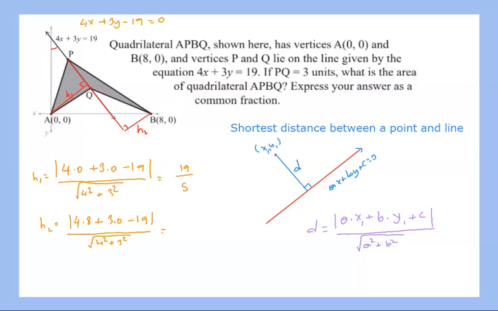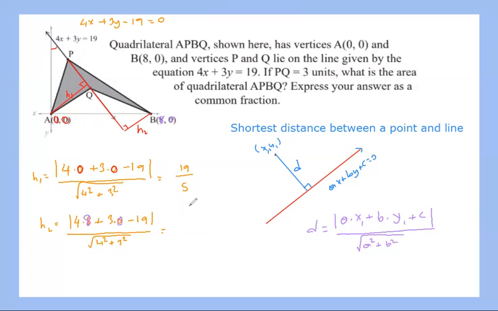So what just happened is you plug in 0, 0, the coordinates of this point, into that equation for x and y. Then I did the same thing with the other point, which was 8 and 0. If you want to find the distance between this point and this line, which is the same line, you just replace those x and y.